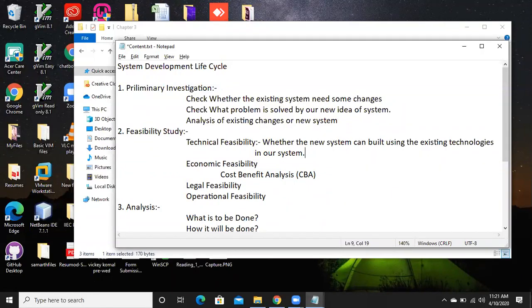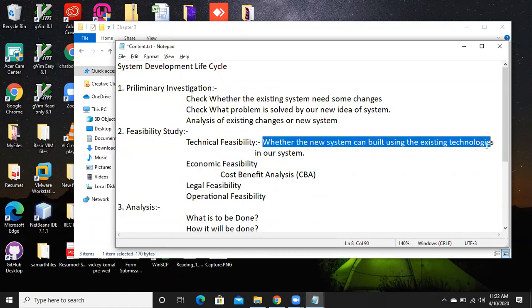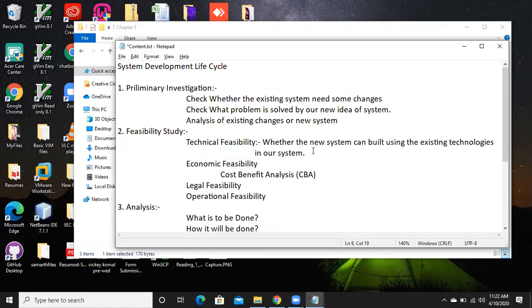So in technical feasibility, we will check whether the changes which we discussed in the preliminary investigation can be achieved by the technology which currently exists in my organization, or I have to change my technology, or I have to hire some more employees who know other technologies also, right?